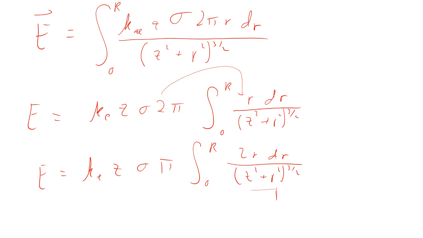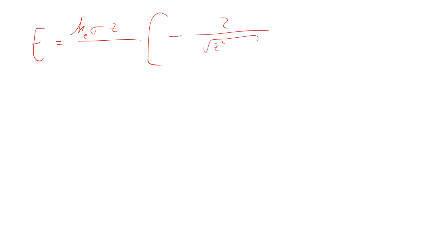Okay, so that means that when you do the integral, this is going to be equal to k sub e sigma z. We do the integral, and this is going to be equal to minus 2 over the square root of z squared plus r squared, evaluated at 0 and r.